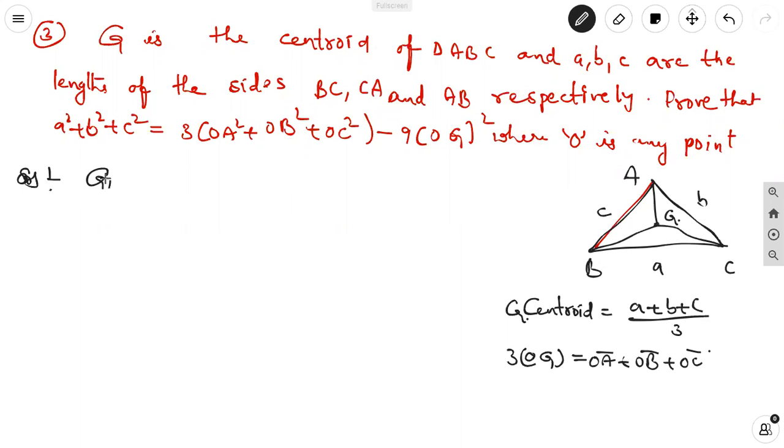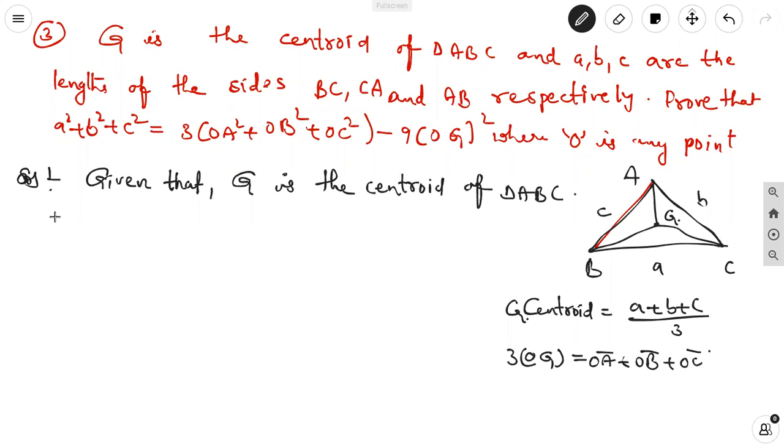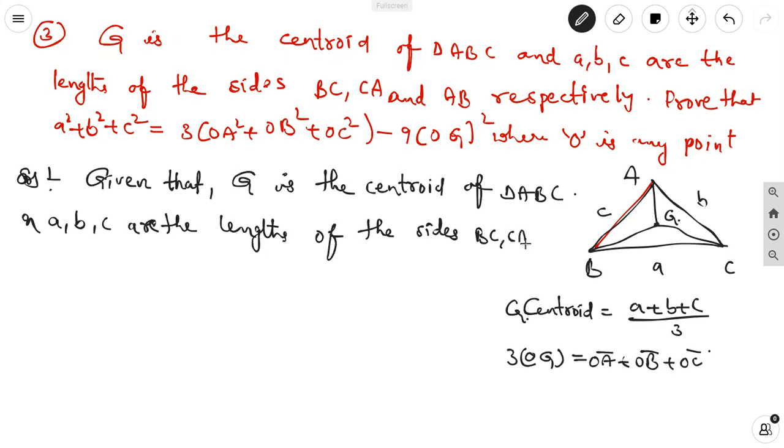Here, given that G is the centroid of triangle ABC and small a, small b, small c are the lengths of the sides BC, CA and AB.